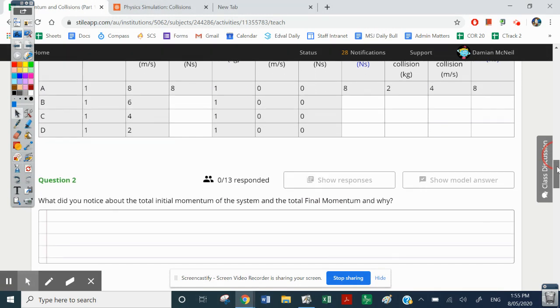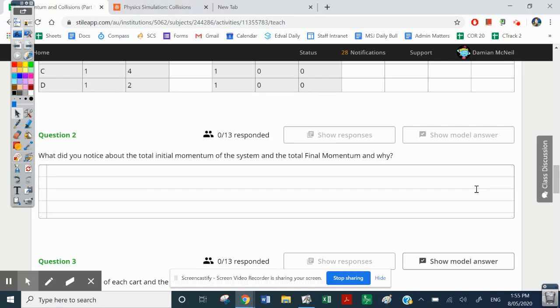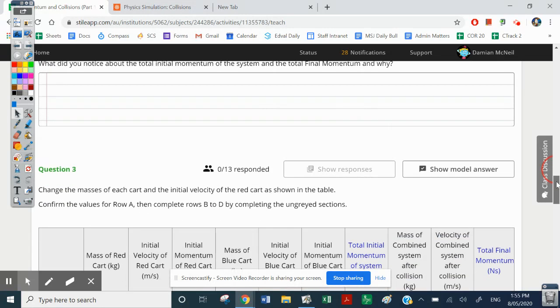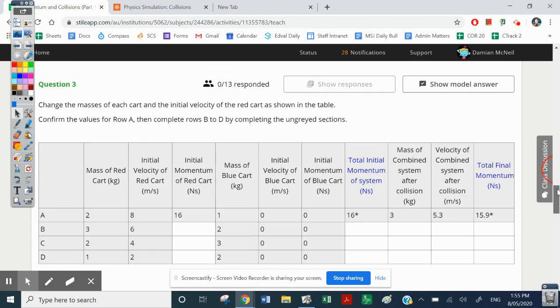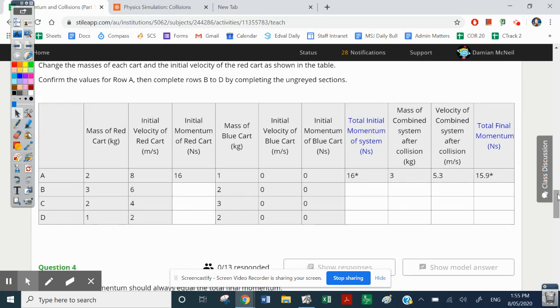At the end of this simulation, you will answer a question about momentum before and after, and then you will change the masses in the second part. So the second part of this one here, we are going to change the red mass, and the blue cart's mass here. And you've got different velocities that you can set. Okay, and we're still having the velocity for the blue cart in our second experiment as 0.